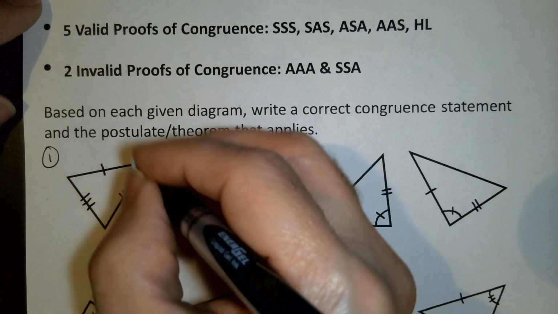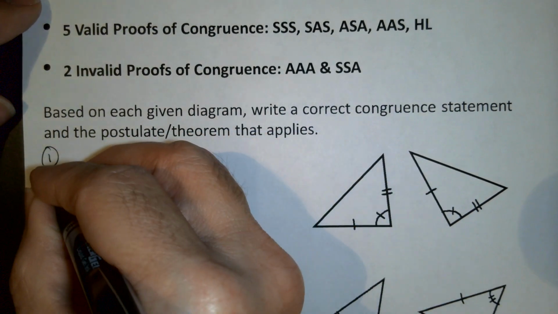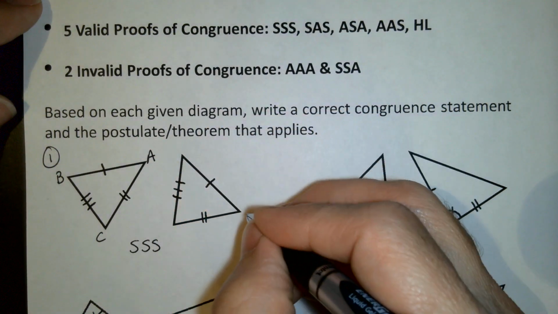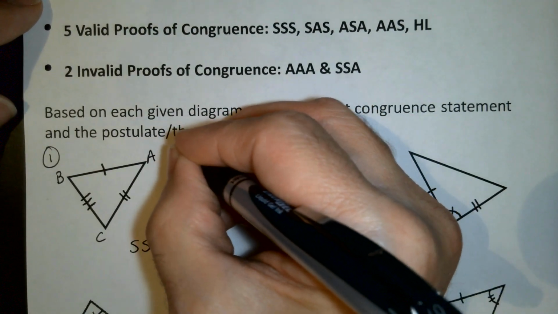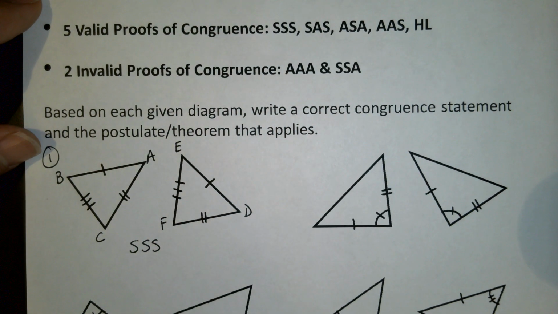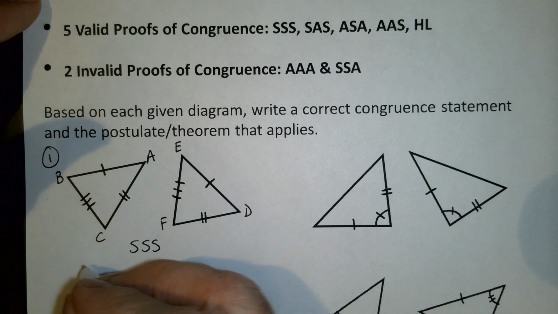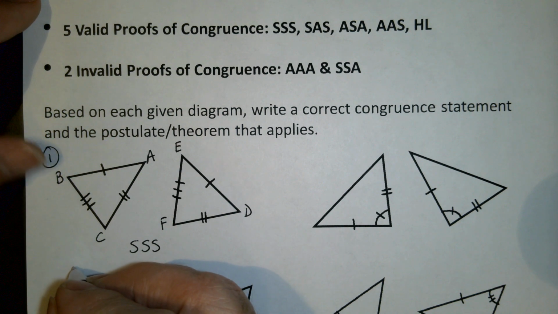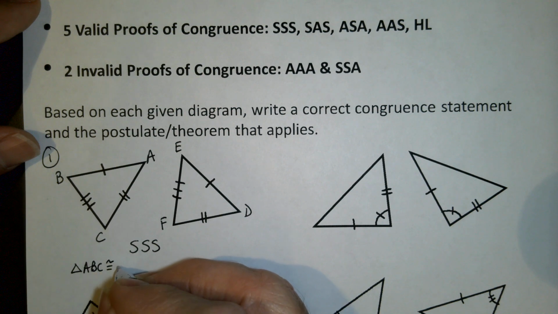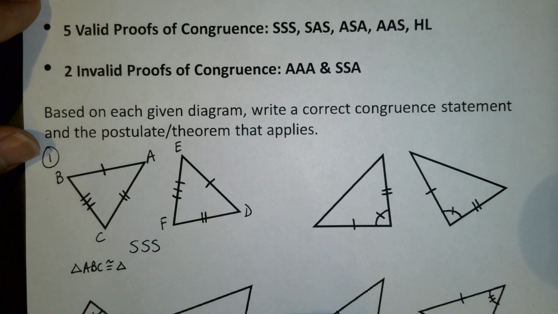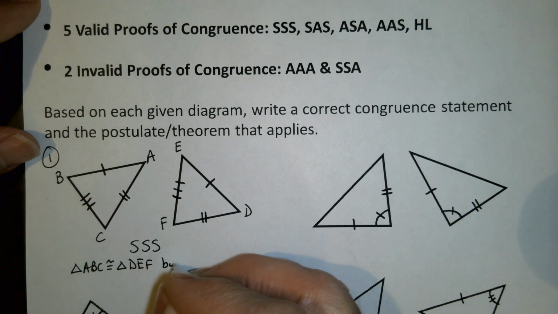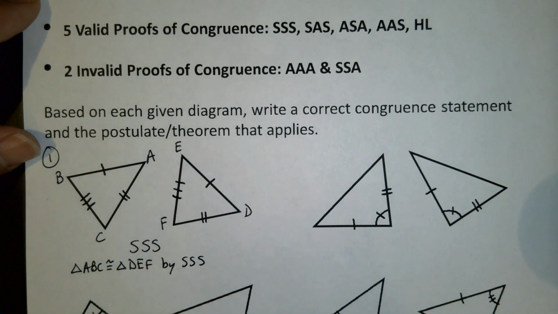Now we could have had names to these points, and if that was the case, that's perfectly fine. You could have your triangles named, and you would read something like this: triangle ABC is congruent to triangle DEF by side, side, side.